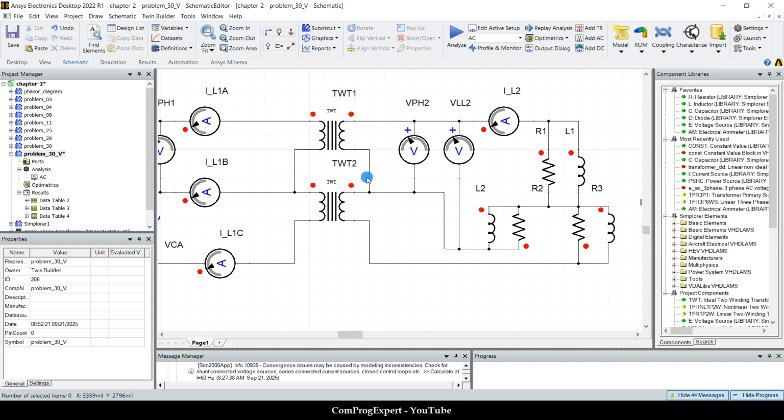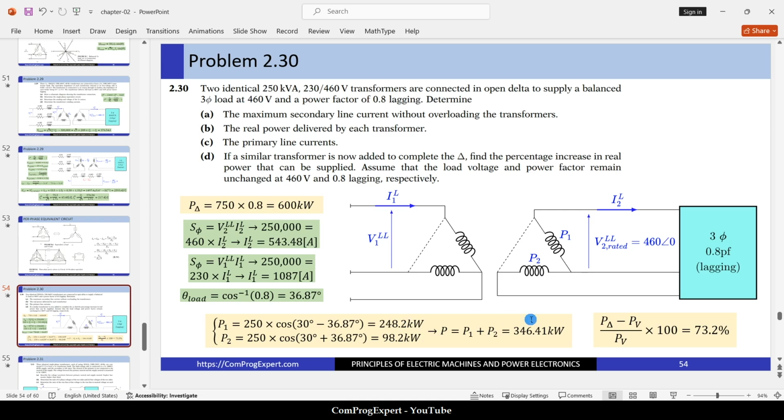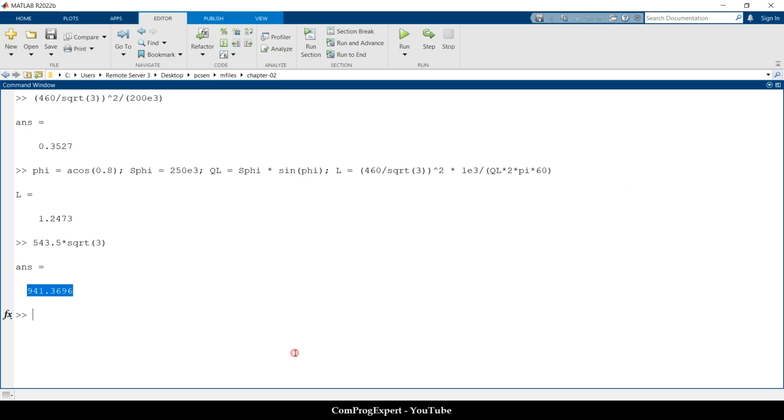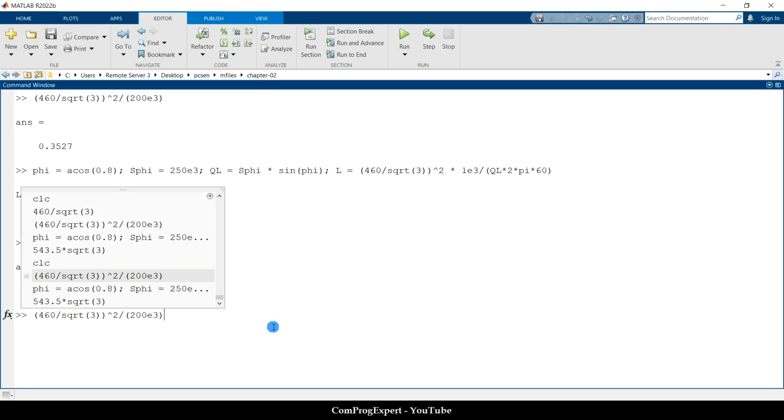How can we do that? We can use numbers that we calculated here. In the V case, this is the total power delivered to the load, the active power. So I can use this number. Let's check.